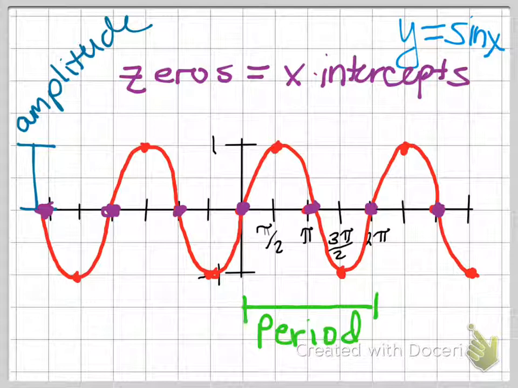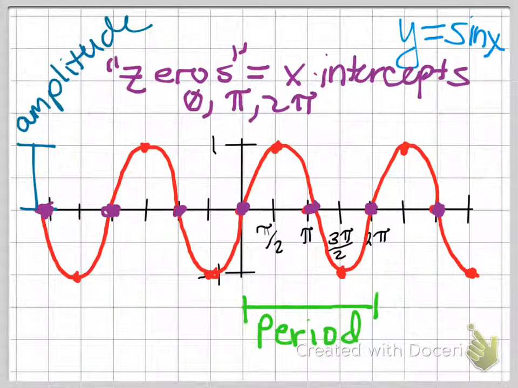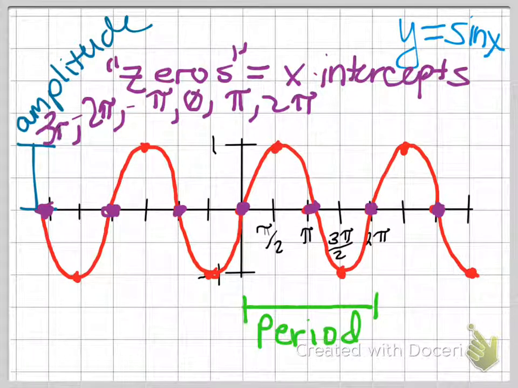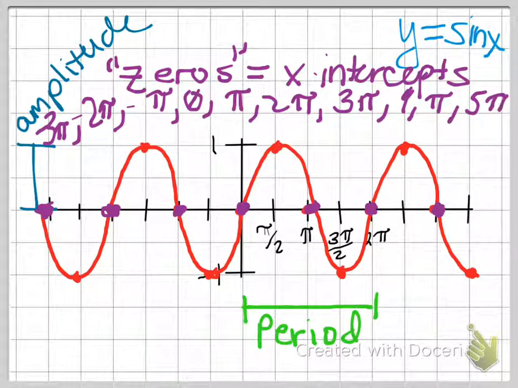So if I'm starting at 0, I know that I have a zero, or an x-intercept, at 0. There's also one at pi, one at 2 pi. If I'm going backwards, there's one at negative pi, negative 2 pi, negative 3 pi, and so on: 3 pi, 4 pi, 5 pi. Do we see a pattern yet?